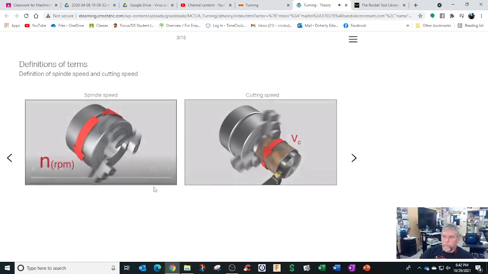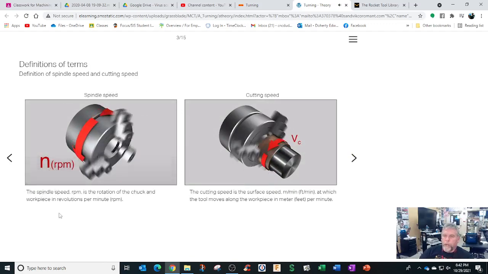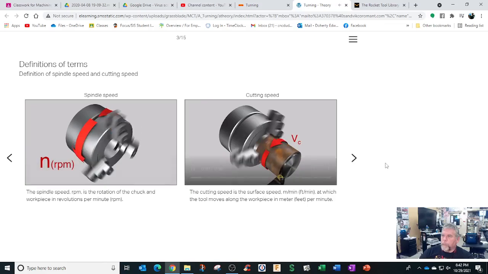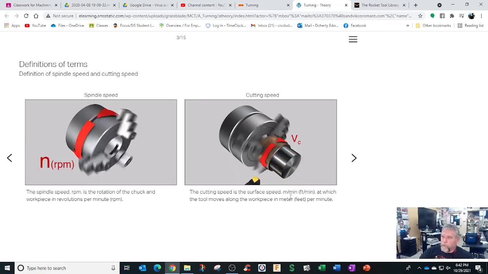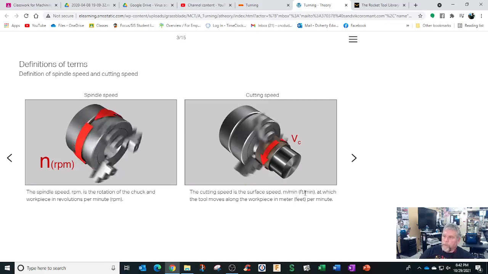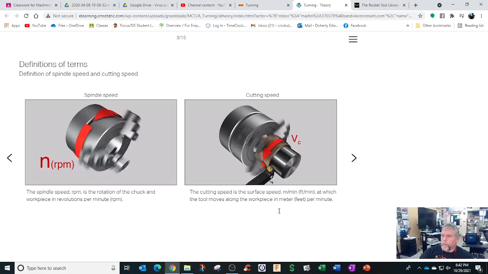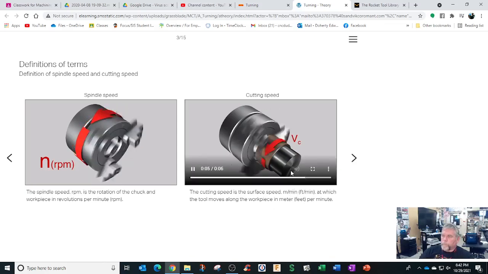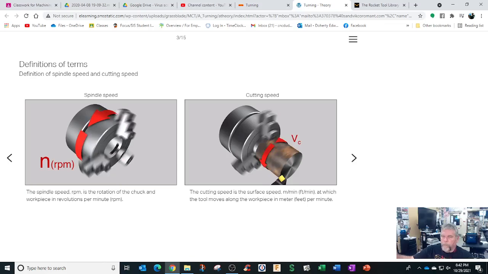Let's look at the definitions of spindle speed. You've got spindle speed, which is RPM, and cutting speed, which is expressed as that surface speed, in meters per minute and feet per minute. So if you were to unroll the round object and roll it flat, how many feet would it cover?